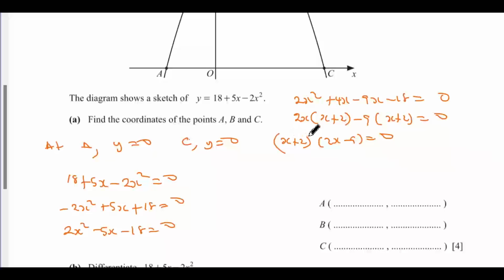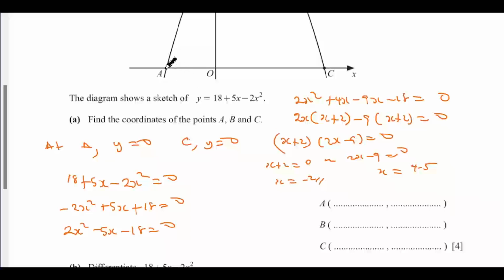So that means we have x plus 2 equals 0, or 2x minus 9 equals 0. So x equals negative 2, or x equals 4.5.